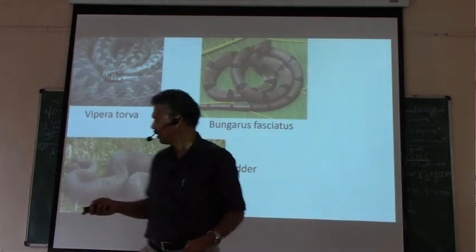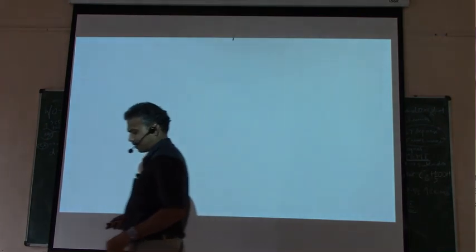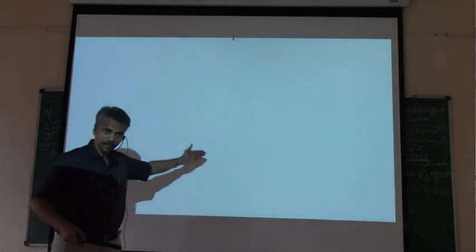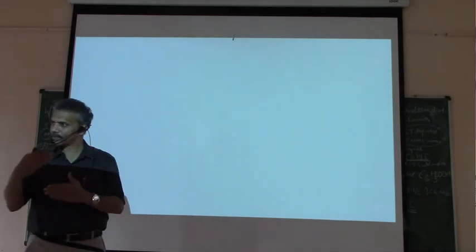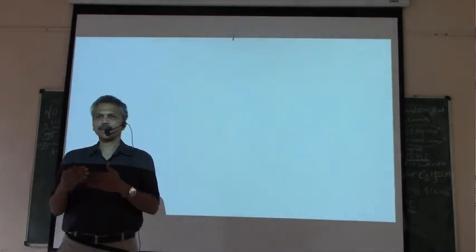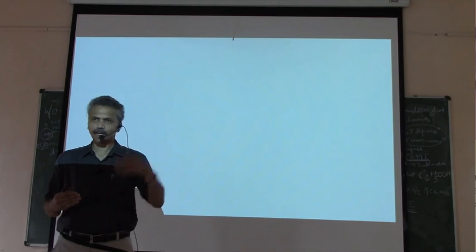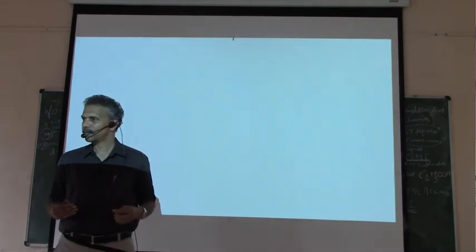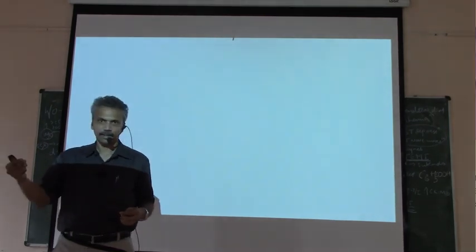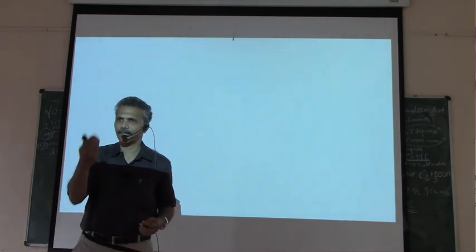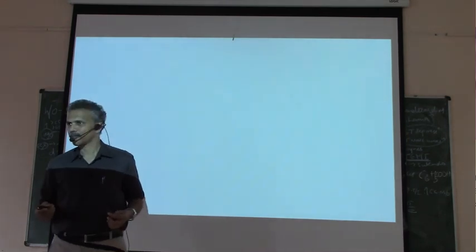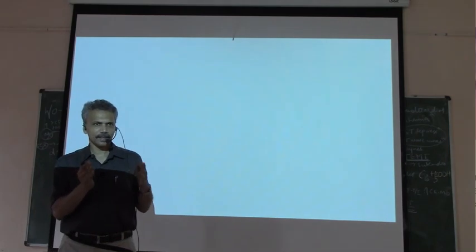We'll go ahead. Probably this piece of information I am giving you now is also what you have already studied, but we are trying to go a little more systematic in understanding the remedy. Now what does a snake venom contain?